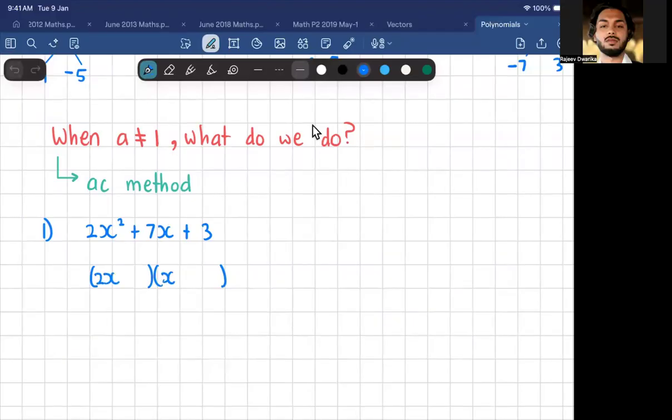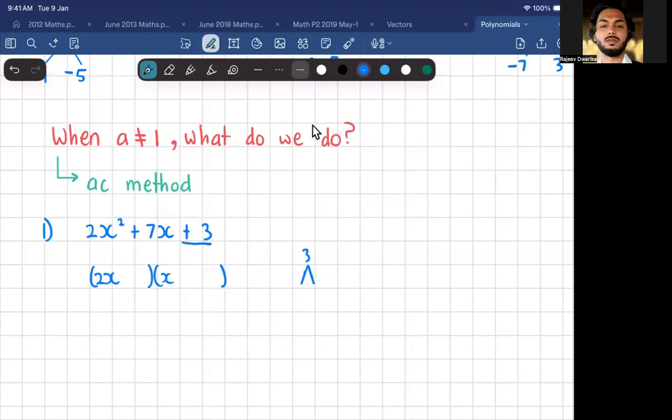What is 2x by x? 2x squared. Right. And the next thing we're going to do: what two numbers could you multiply to give you 3? Just give me two numbers.